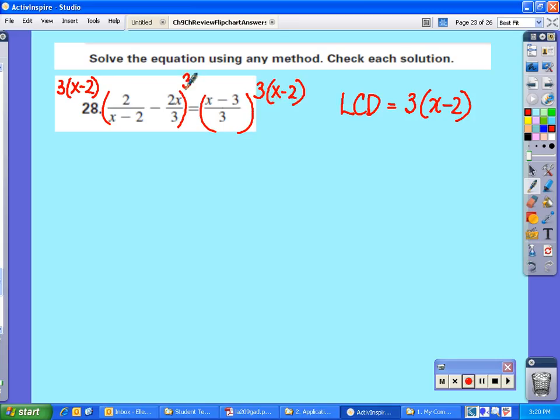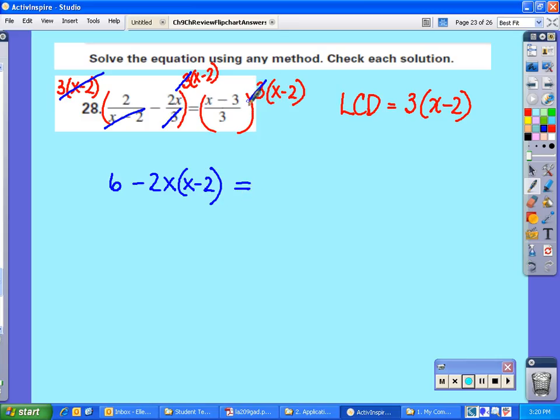I am going to write it again for this middle term, just to keep track of things that might cancel. On the first term, the x minus 2's cancel, and we get 3 times 2 is 6. On the second term, the 3's cancel out, and we get minus 2x times x minus 2.